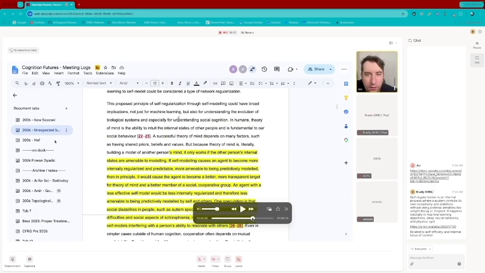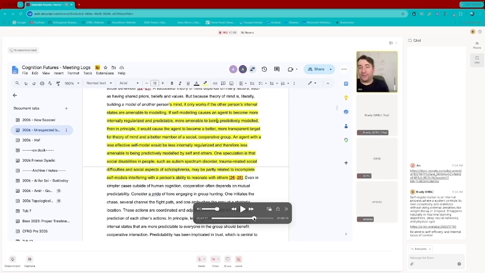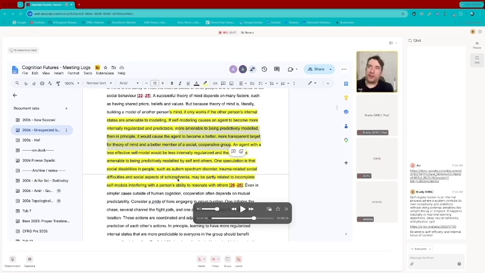So this is kind of going through, and again, they're talking about social disabilities such as autism spectrum disorder, trauma-related social difficulties, and schizophrenia that may be partially related to incomplete self-models. This is a theme that came up in our last meeting as well, where Avery was talking about how if you're drunk, you kind of have an incomplete model of reality.